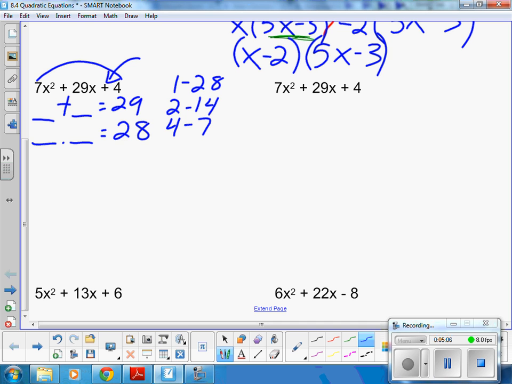The signs are going to be the same. They're going to be positive. So what two numbers do I add there to get 29? 1 and 28. So this is 1 plus 28, and this is 1 times 28.